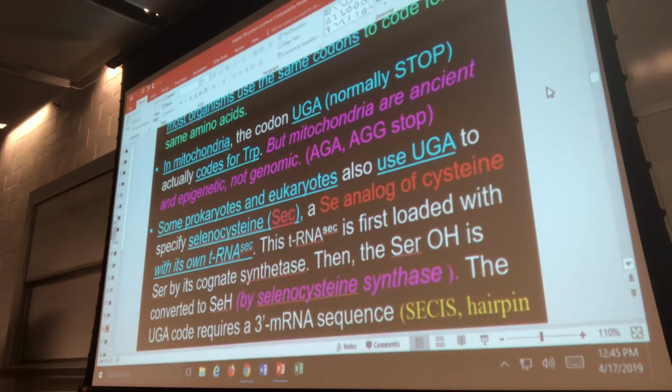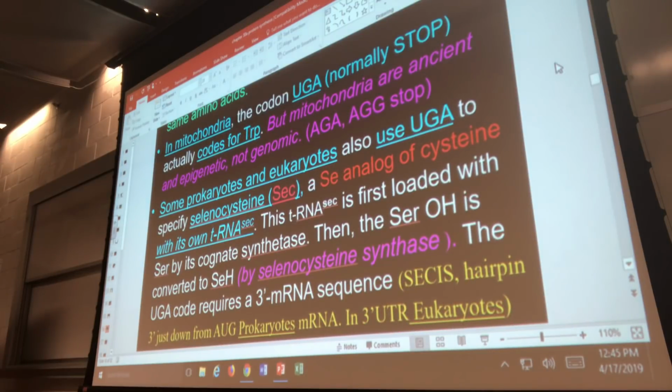So back to those exceptions. Again, the one exception we have so far is that UGA in mitochondria will code for tryptophan. Another exception has to do with a unique amino acid. Remember that there are 20 common amino acids. There's a handful of special amino acids, one of which is called selenocysteine. Okay? Selenocysteine, and it's stated on here.